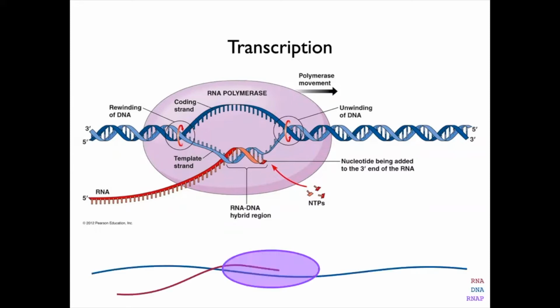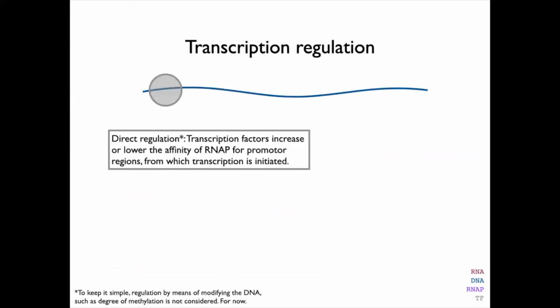So here is my simplified representation of this. The regulation of the transcription of a gene is mediated by so-called transcription factors. This is what we can also call direct regulation. These transcription factors bind close to, or on, the sites where RNA polymerase starts to make RNA.